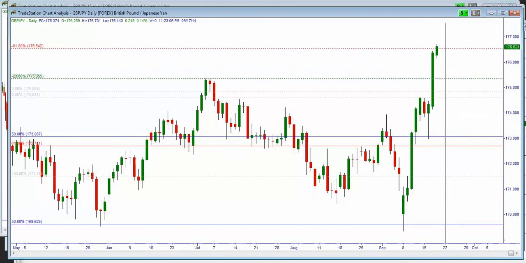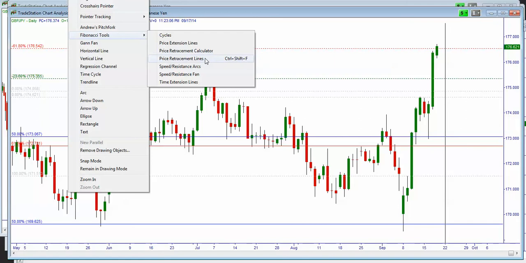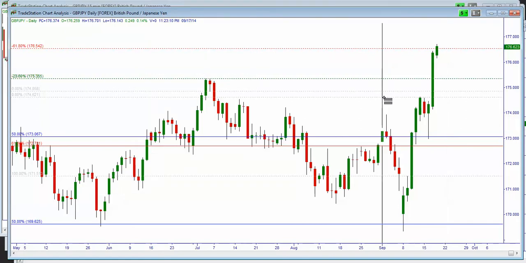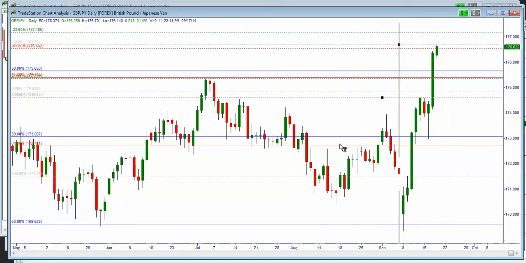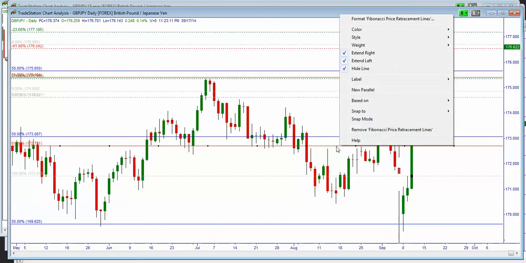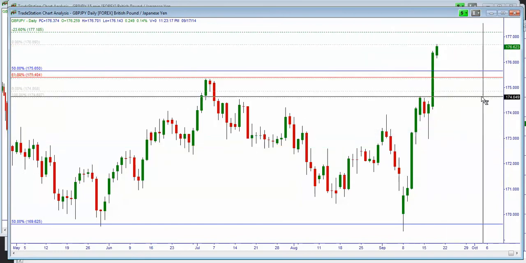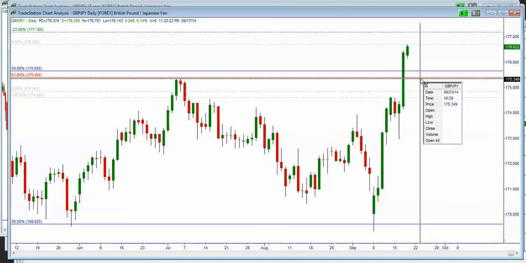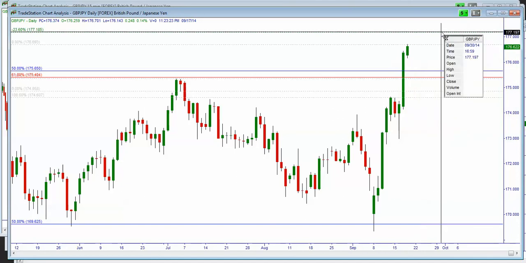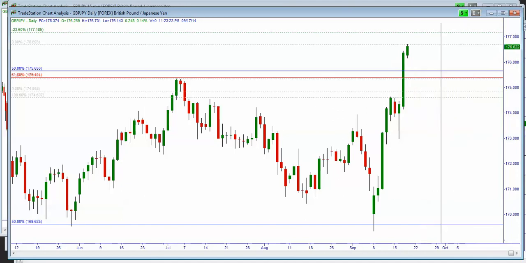So if this market has to continue higher now, we are going to see a retracement again into the next measured move higher, and this is an extension again, and that will come when and if price gets into 175.65. If price never moves below 175.40, which is our stop, we should see a continuation higher into first and second target.